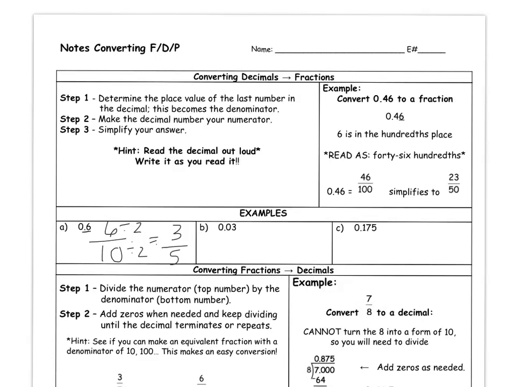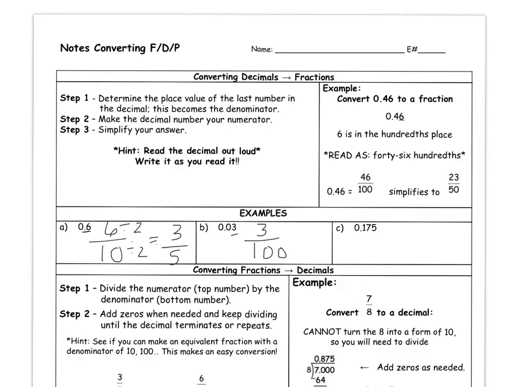Let's look at the next one, B. So we have 3 hundredths. Since 3 is in the hundredths place, I'm going to put 3 over 100. And then I can't simplify this because nothing goes into 3 and 100.